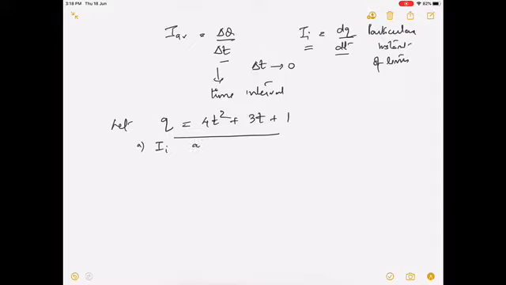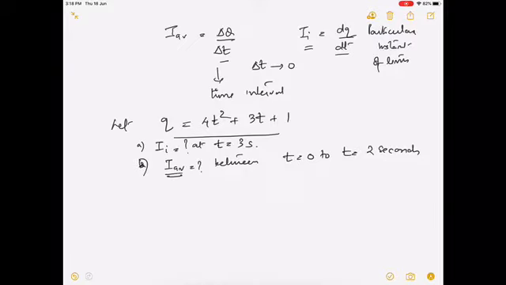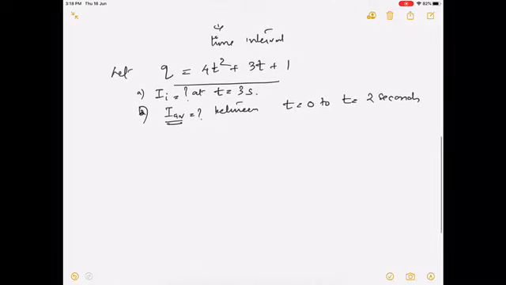First, find the instantaneous current I at time t equal to 3 seconds. Second, you have to determine the average current between time 0 to time equal to 2 seconds. So you have to find the instantaneous current at 3 seconds, and the average current from t equal to 0 to t equal to 2 seconds.